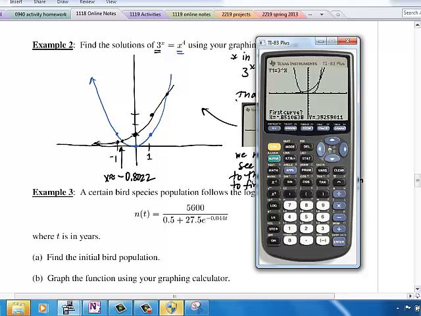And then the next curve looks like it's maybe over somewhere by 2, so I'll do my guess as 2. And it's telling me 1.517 roughly.